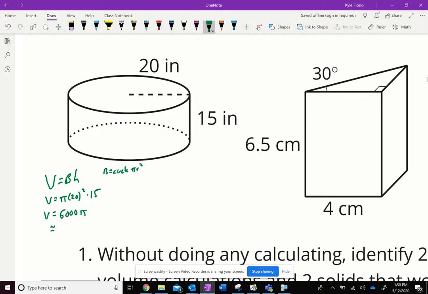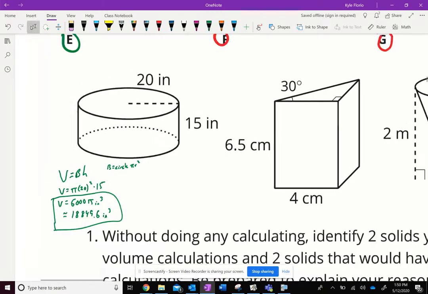And if you want to round that in the calculator, multiply by 3.14, you're going to get about 18,849.6. These are all cubic inches. So whichever answer you like is fine. They're both the same. They're both correct.